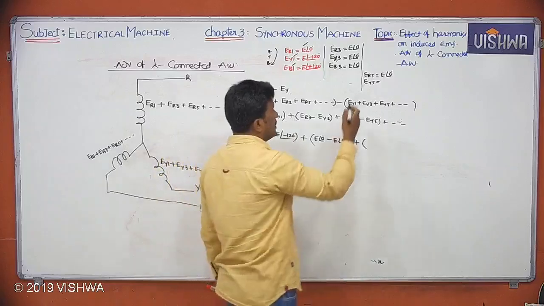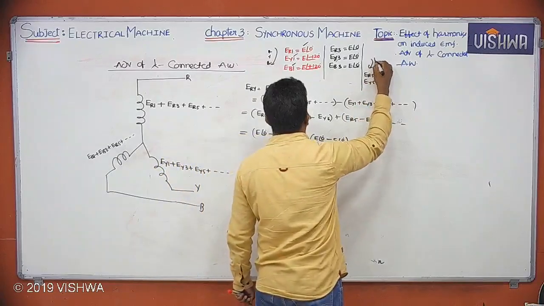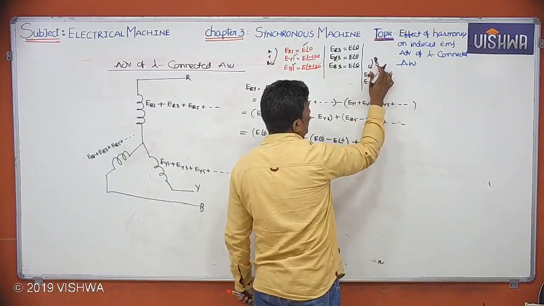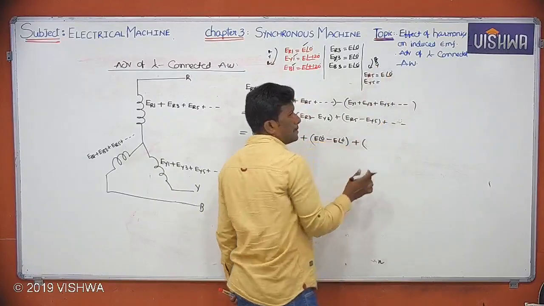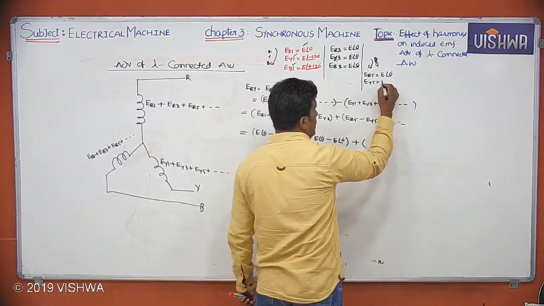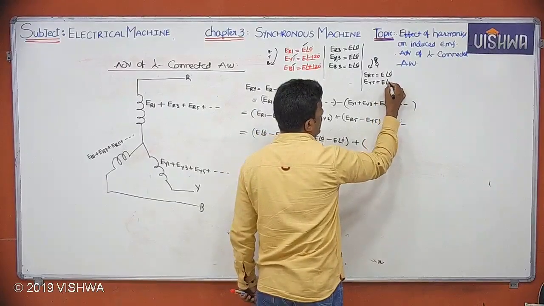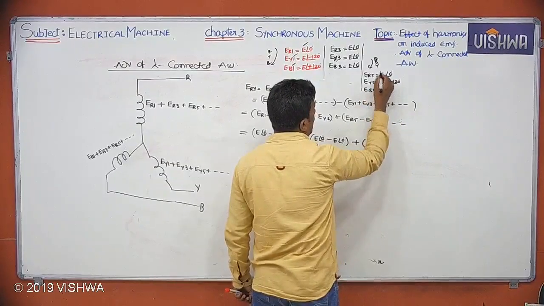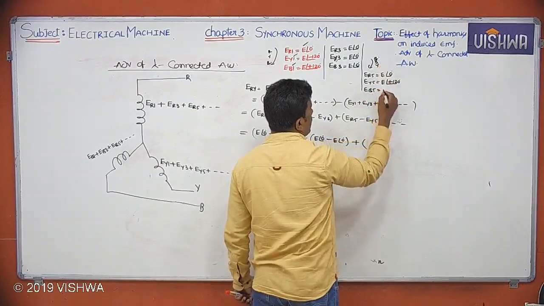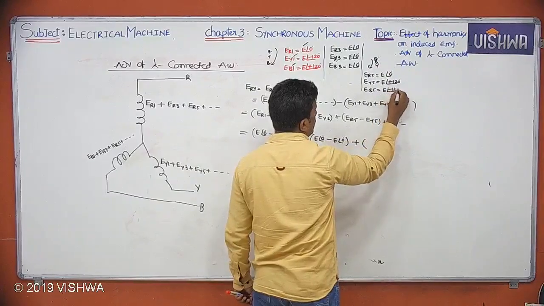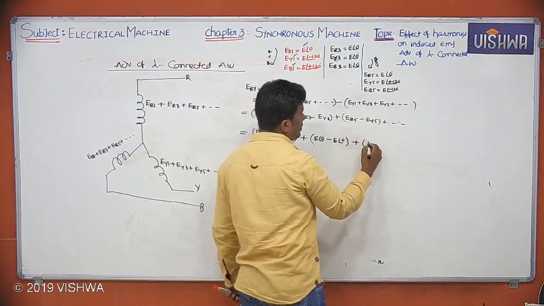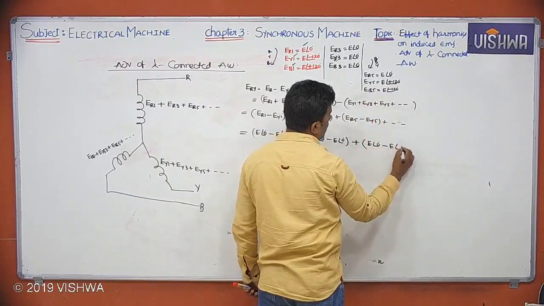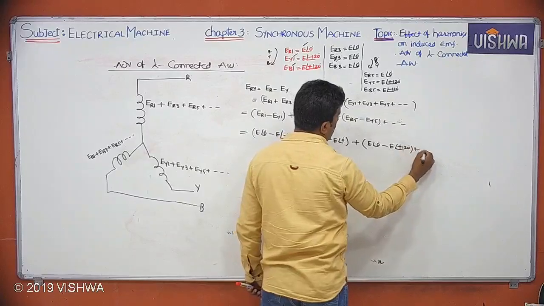But this phase sequence is negative: RBY means, for EY5, after how many degrees does Y phase come? After 240. That means you should say E at an angle of minus 240, I can say plus 120. And EB5, when compared to the R phase, comes after 120, so E at an angle of minus 120. So now tell me ER5 value, how much? E at 0 minus EY5 value, E at plus 120, plus and so on.